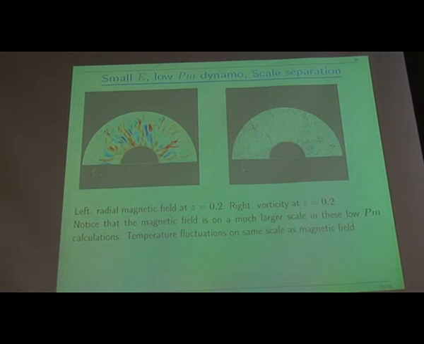I was just wondering, I'm still not clear what sets the scale of these plumes which are coming out? Well, in the simulations here, that is set by the rapidly rotating convection. If you just do the linear theory of rapidly rotating convection, you find there are tall, thin columns, and the thickness of the columns is E to the 1/3.